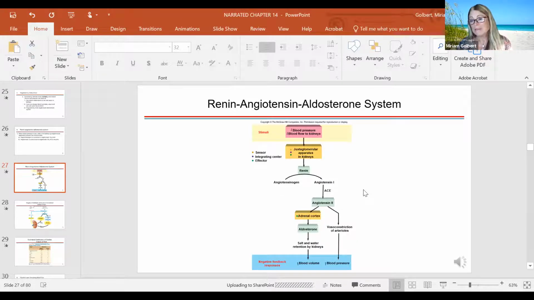And they're blocking this little enzyme. And why would they do this? Cardiac patients already have high blood pressure, right? So you don't want to increase it even more with aldosterone. So some treatment will be just to block that ACE enzyme so that they don't increase blood volume and blood pressure.